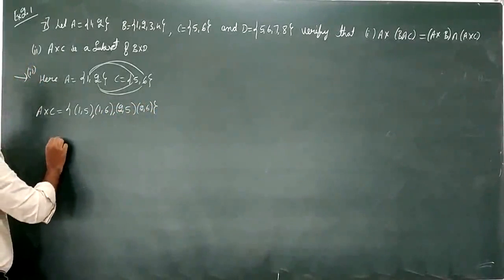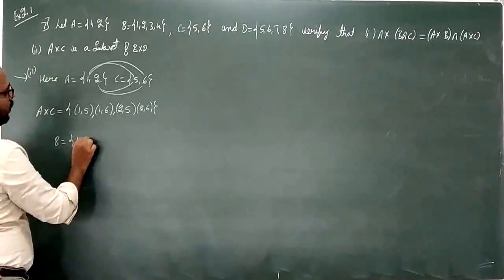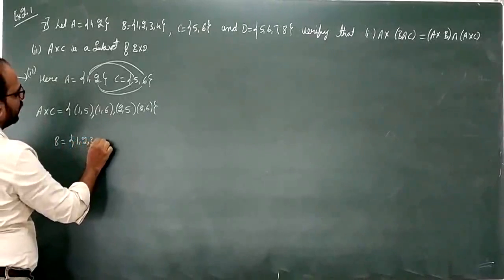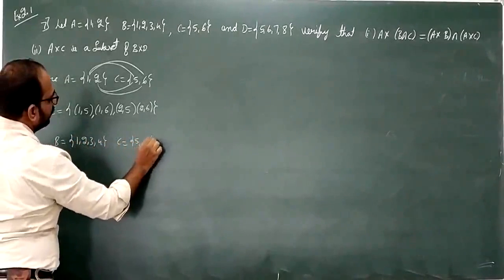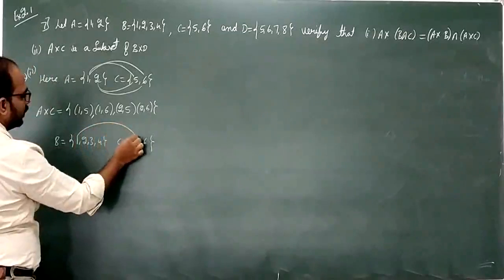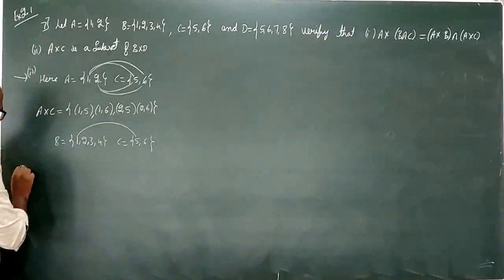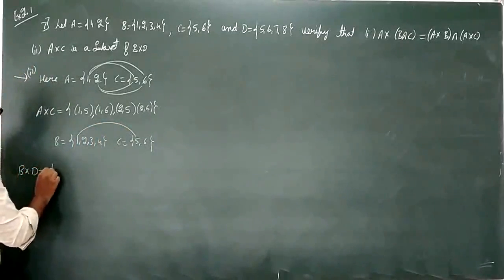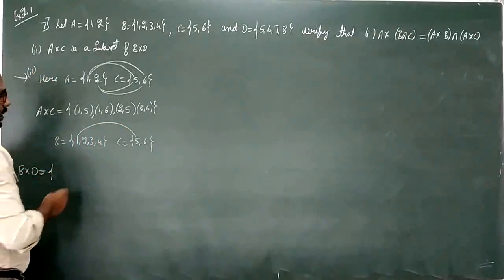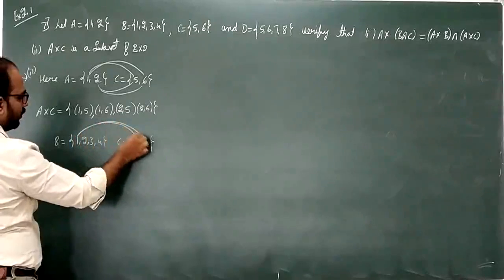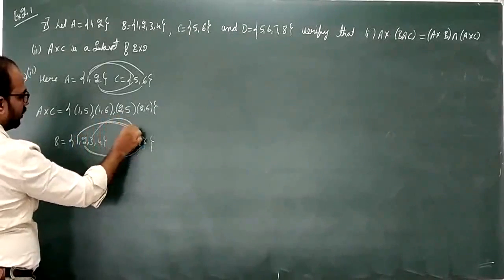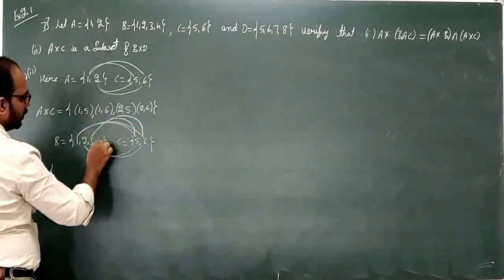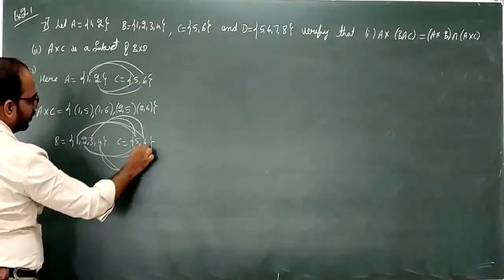Now set B is equal to 1 2 3 4 and set C is equal to 5 6. Then the Cartesian product of set B and C is 1 5, 1 6, 2 5, 2 6, 3 5, 3 6, 4 5 and 4 6.